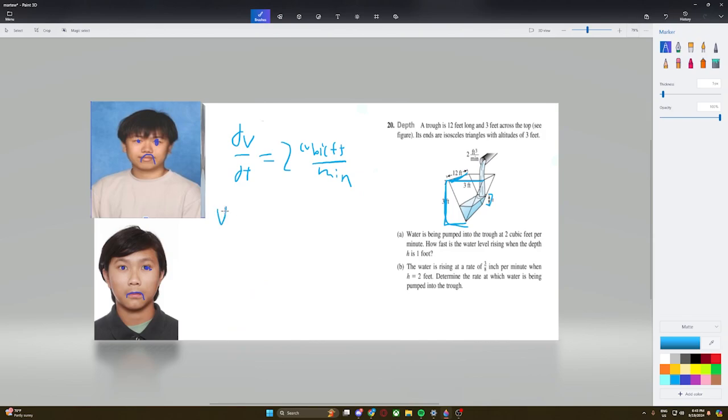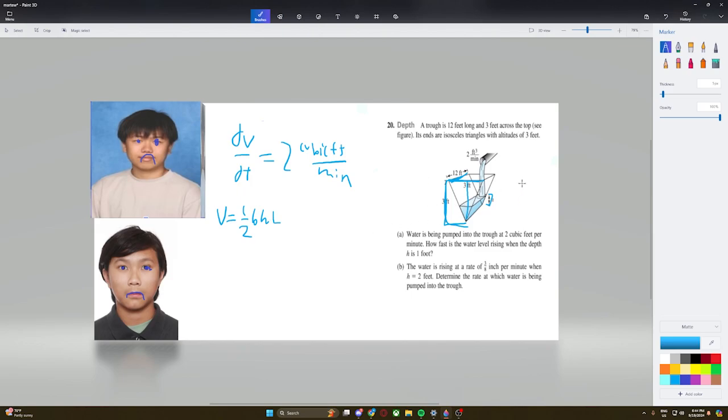Okay, I searched it up. The volume of the thing is 1/2 BHL, where L is this 12 feet, B is the 3 foot, and the height is 3 foot. So it's basically this triangle, which is base 3 feet, height 3 feet, times this 12 foot.